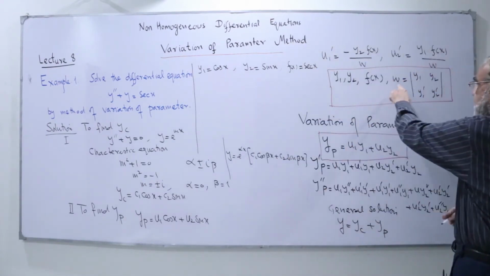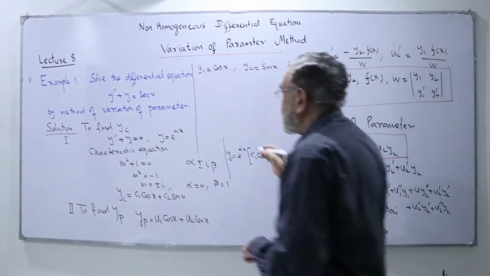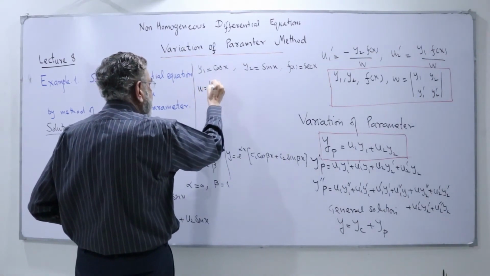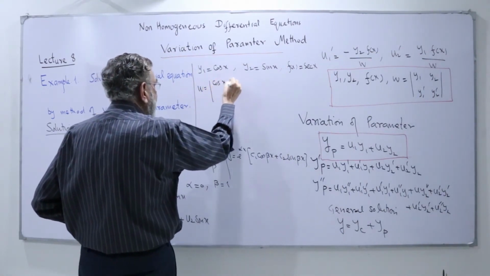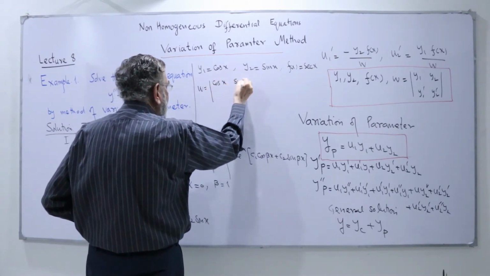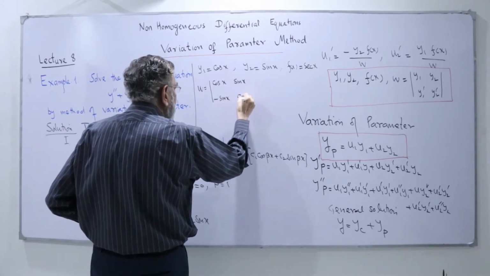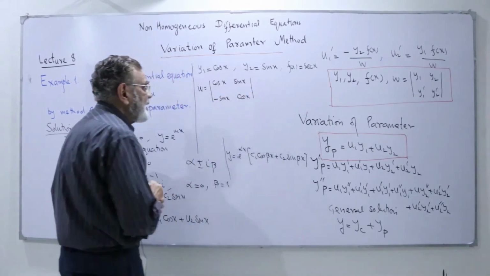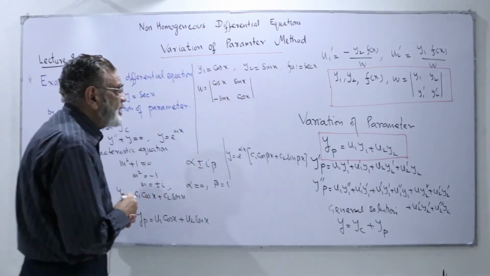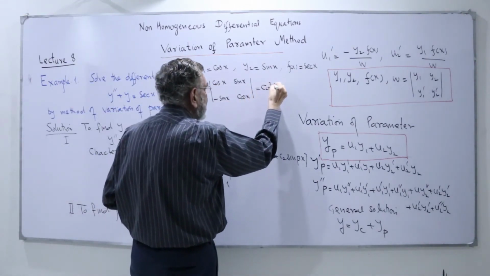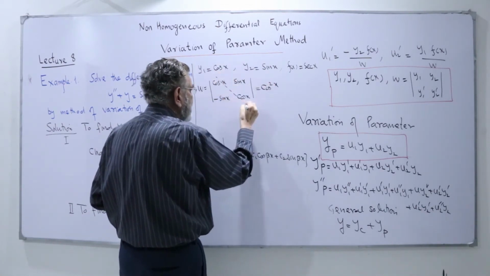What's left is to find w, the Wronskian. My w is equal to the determinant with y1 equal to cosine x and y2 equal to sine x, y1 dash equal to minus sine x and y2 dash equal to cosine x. Calculate this determinant. Cosine x into cosine x is cosine square x, with a plus sign.